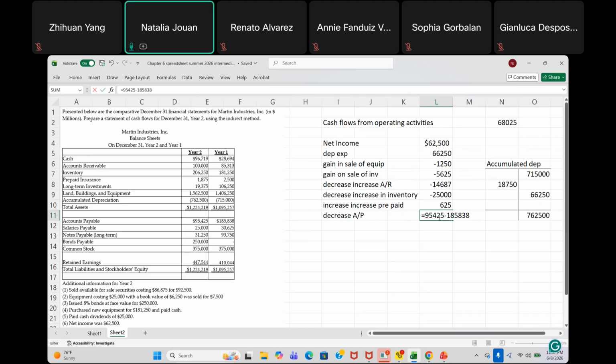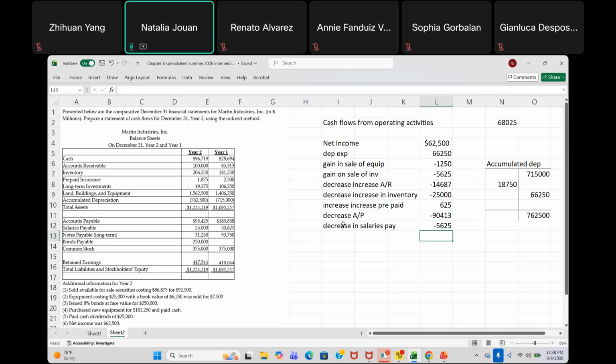I think I'm copying these numbers, right? Okay. And then we have a decrease in salaries payable. Ooh, we're paying. Decrease in salaries payable. Okay. So here we have 25 minus 30,625, right?